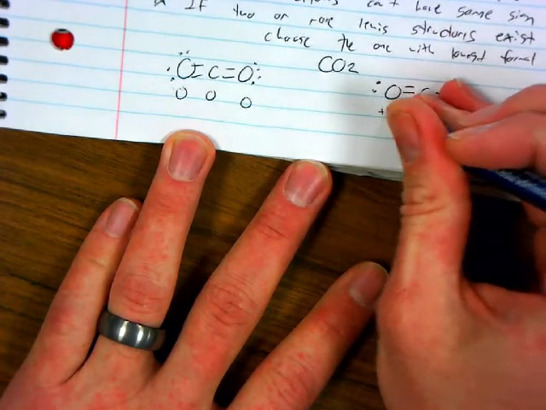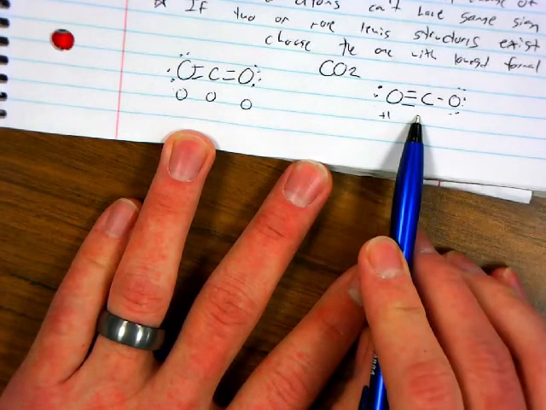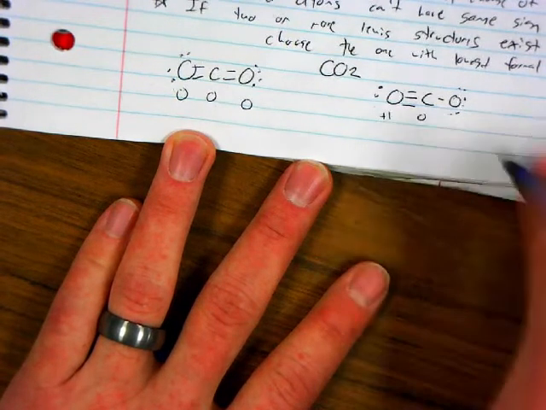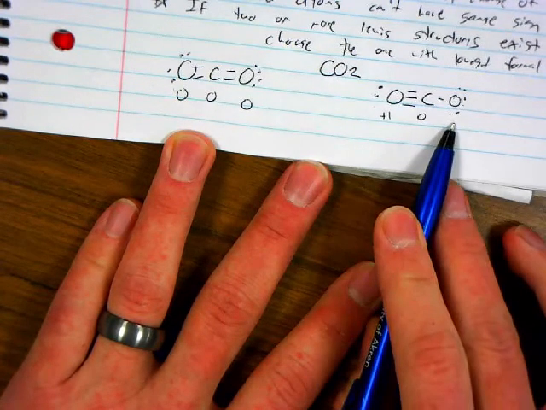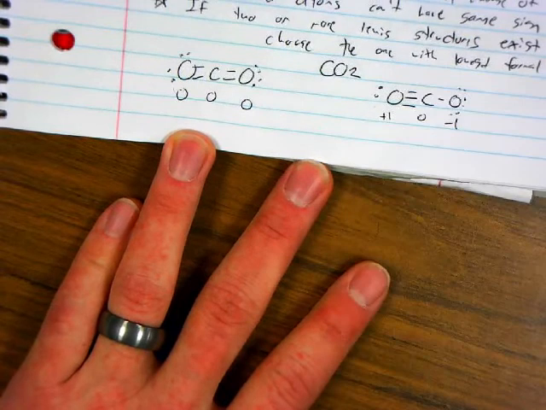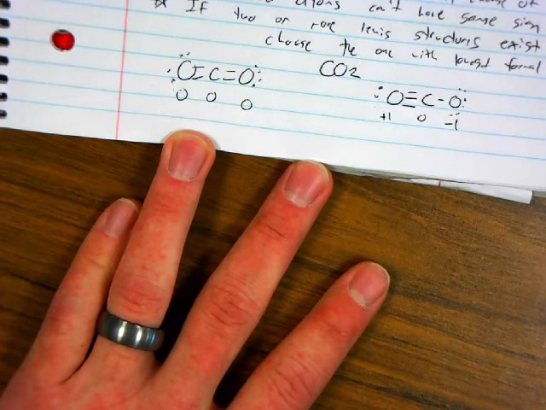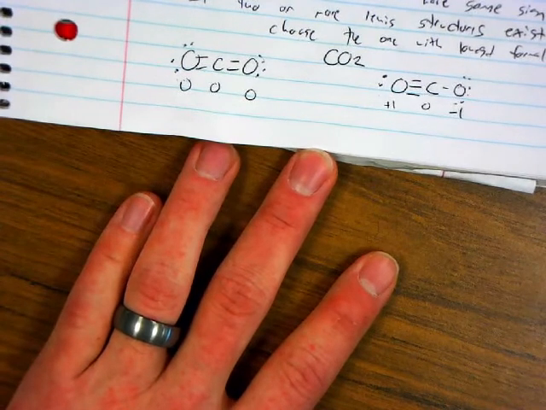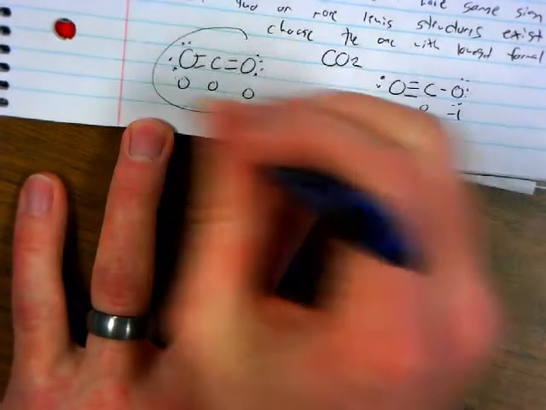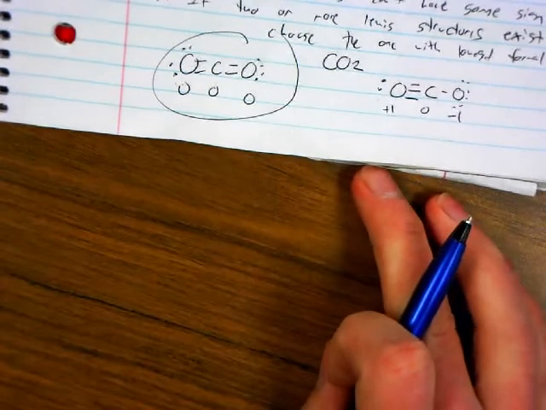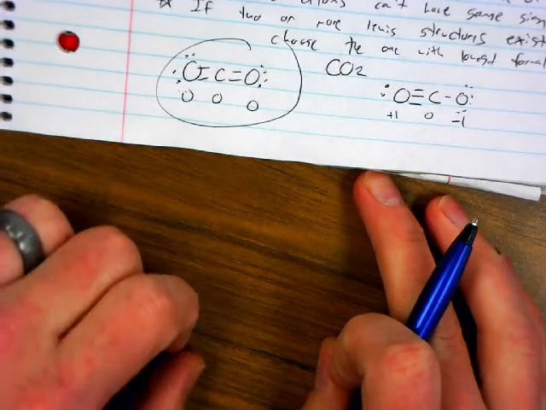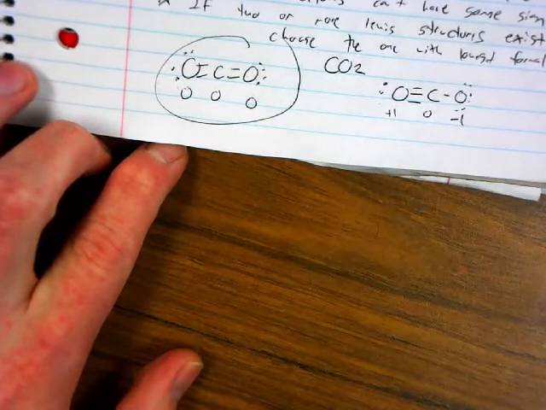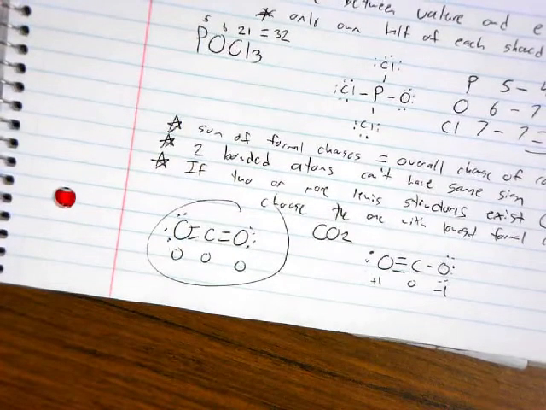How many does it own? 5. So this has a formal charge of positive 1. This carbon is still going to be 0. And this oxygen is going to have a formal charge of negative 1. So, do these both add up to 0? Yes. But which one has the most individual zeros in the compound? This one. That is what you do with formal charge. Got it? Pretty easy, right?